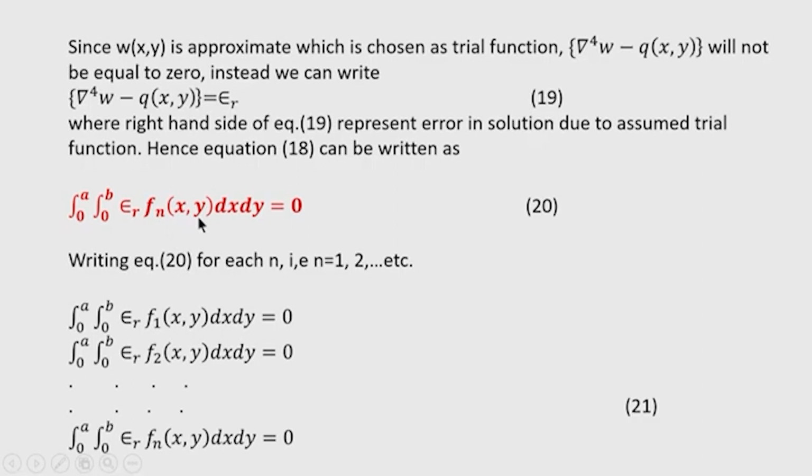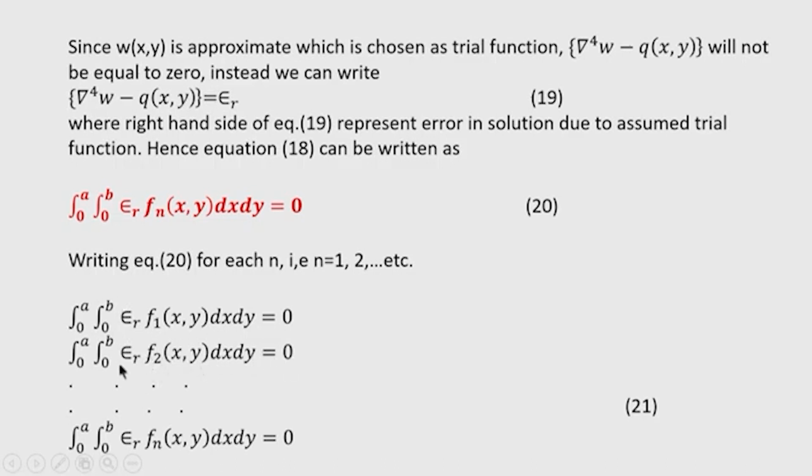Suppose we have taken a polynomial term, say first term is x, second term is x square, third term is x cube, like that. That means f 1 is x, f 2 is x square, f 3 is x cube. So, the Galerkin equation is formed like that: integral of epsilon r into f 1 x y dx dy, where f 1 is a function of x y in case of a plate, then epsilon r f 2 x y dx dy, like that.